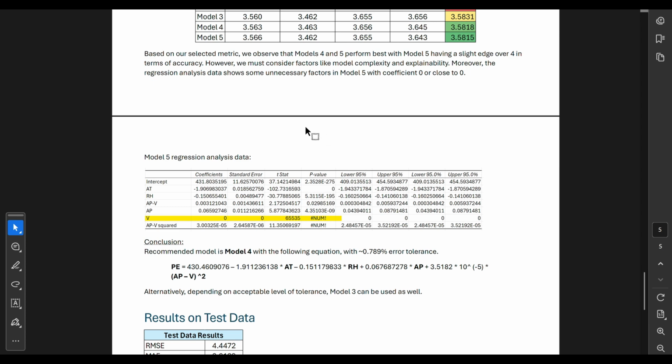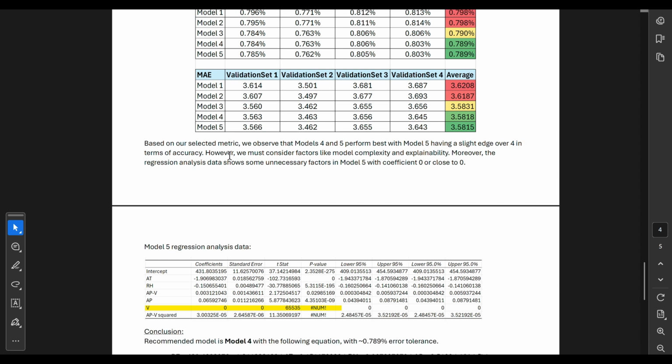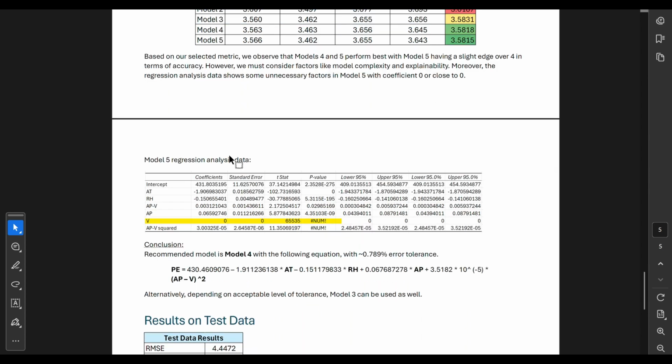Now, based on this, the choice seems to be clear between model 4 and model 5. To decide which of these two we want to go for, we look at the model 5 regression analysis data, and what we notice here is that we might be overfitting this model.